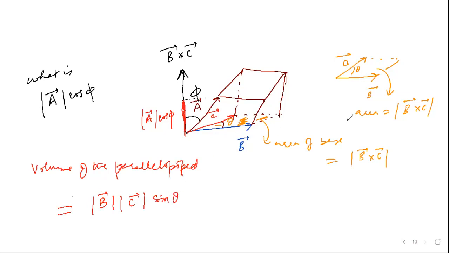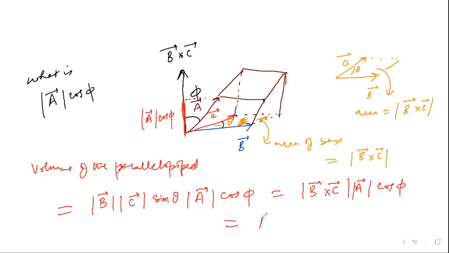That is the magnitude of B cross C into the height A cos phi, which is simply the magnitude of B cross C times the magnitude of A into cos phi, which is simply A dot B cross C. Got it?